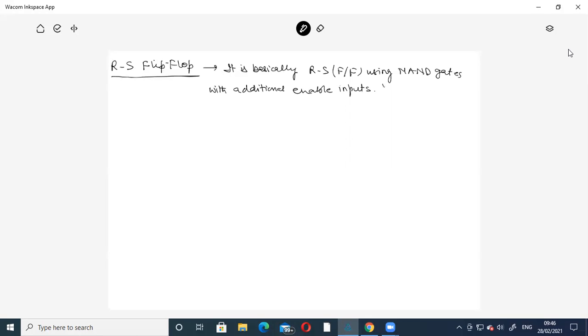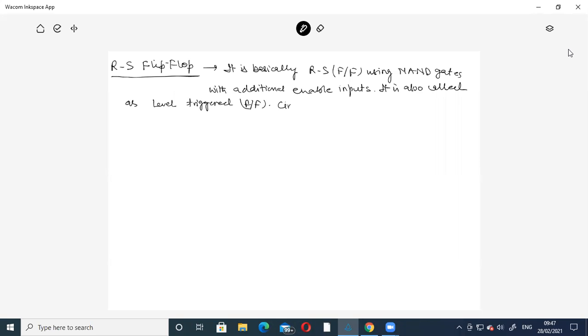It is also called a level triggered flip-flop.